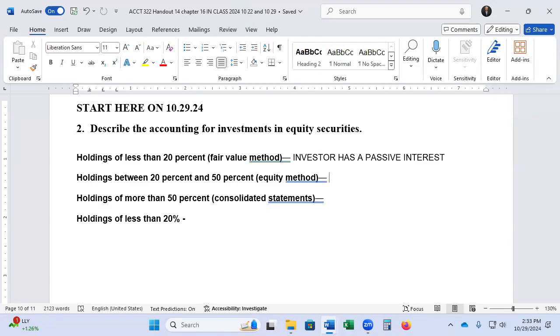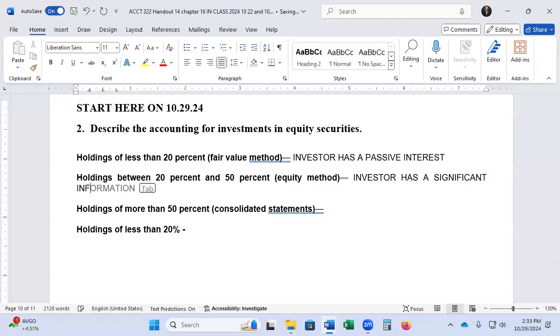Holdings between 20 and 50%, we're going to use the equity method, and the investor has a significant influence. Holdings of 50% or more, the investor has controlling interest.